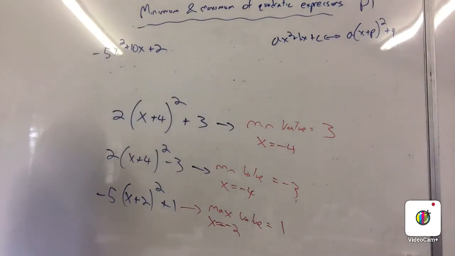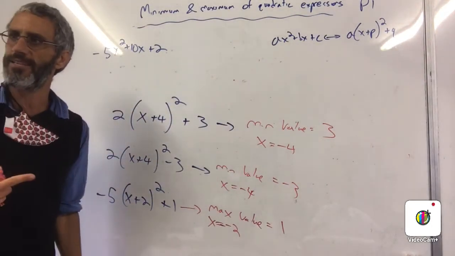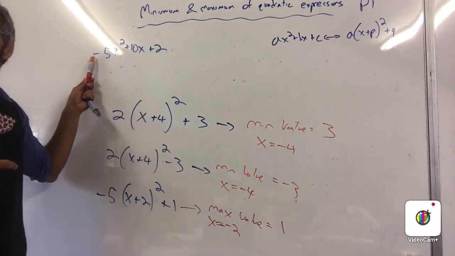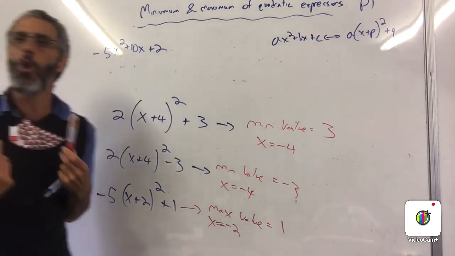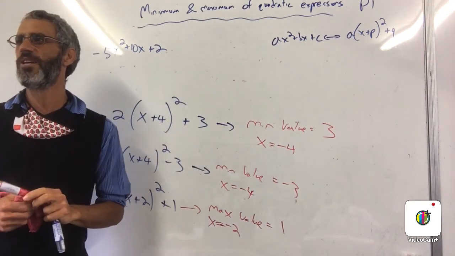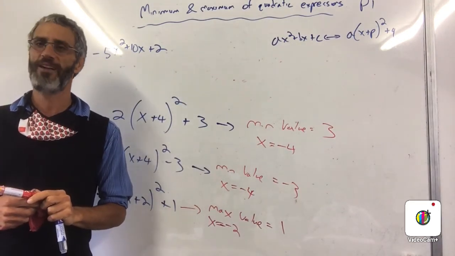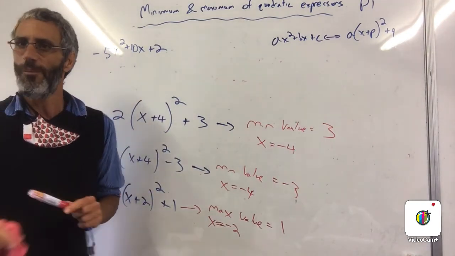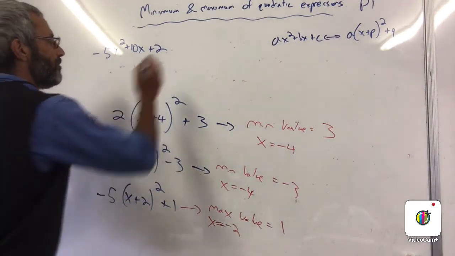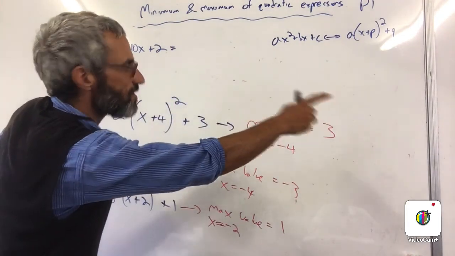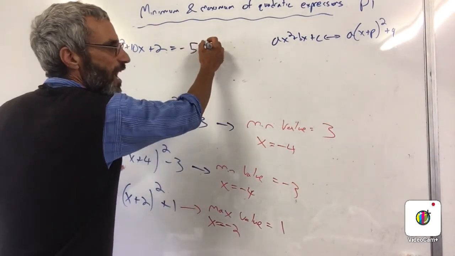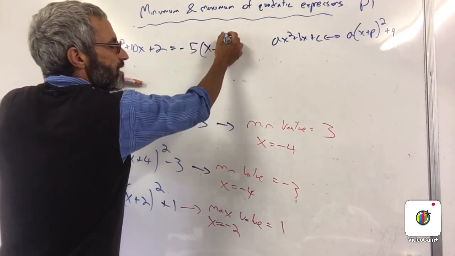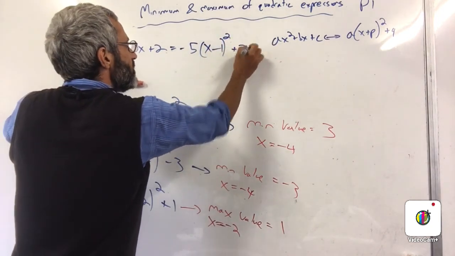From last year, you remember that because it's negative, it's a sad face, so you can tell me it's the maximum. But there's no way for you to tell me what the maximum value is, or for which x it is. But now we learn how to complete the square. So I'm skipping all these stages. We found out that this thing is equal to minus 5 times x minus 1 squared plus 7.